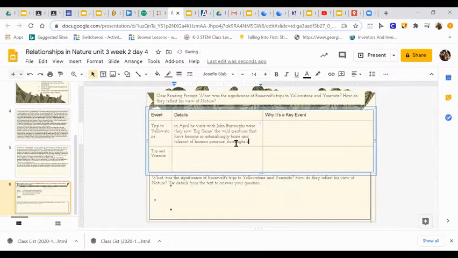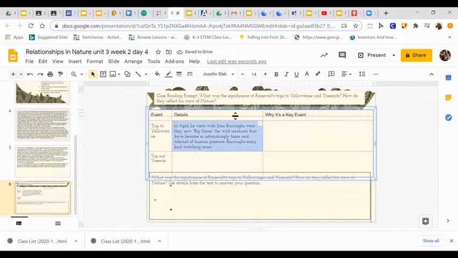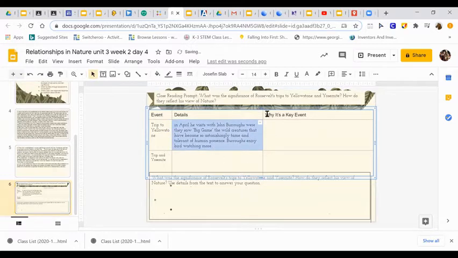Burroughs enjoyed bird watching more. Okay. You might have to scoot everything up. We try to make it all fit, or shrink your font. Maybe I can move this over.